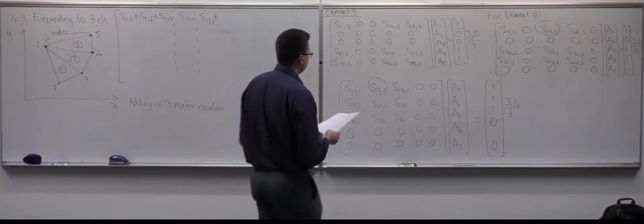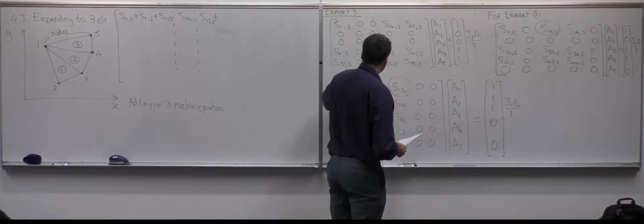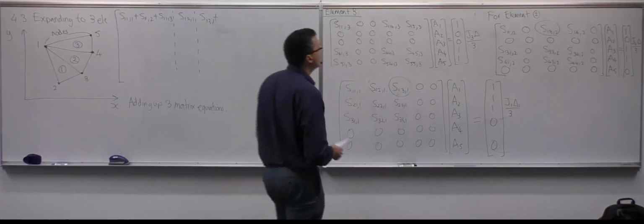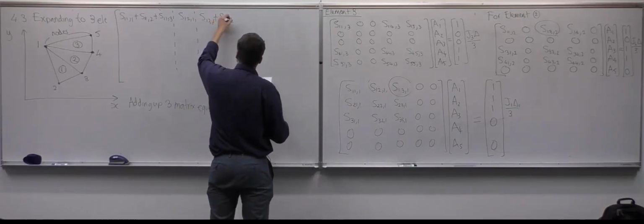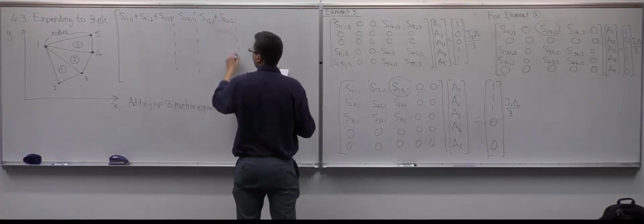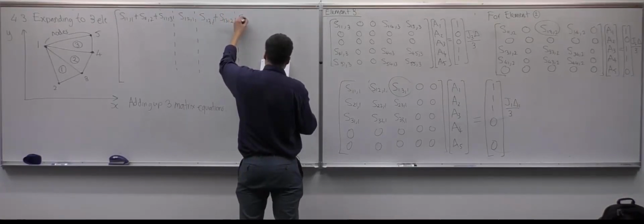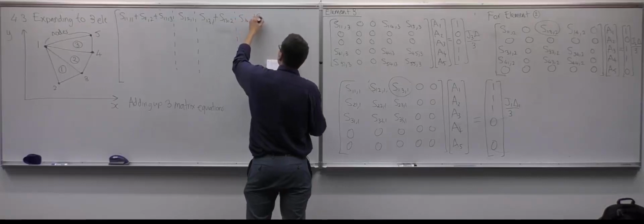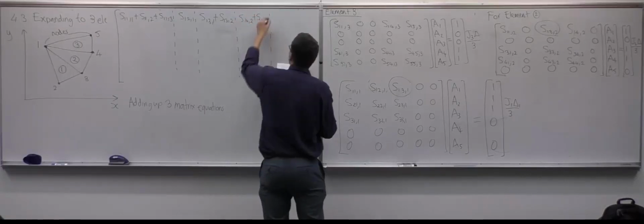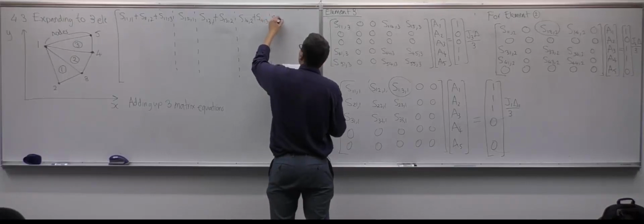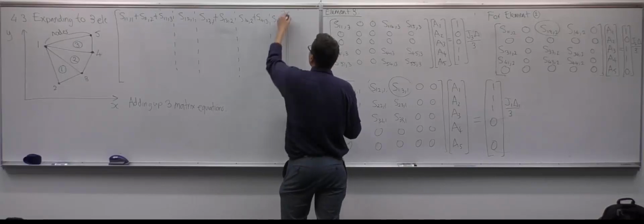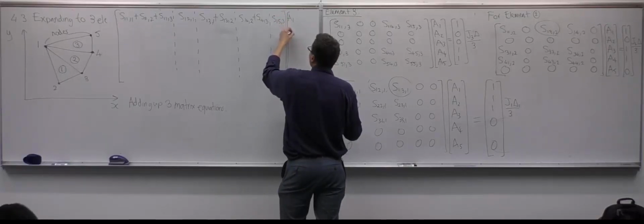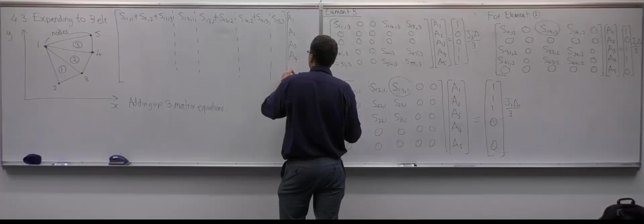No, sorry, I circled the wrong one. It's this one. Yeah, so S131 plus S132. And then the next one is S142 plus S143. And then lastly, S153. And that's all multiplied by A1, A2, A3, A4, A5.